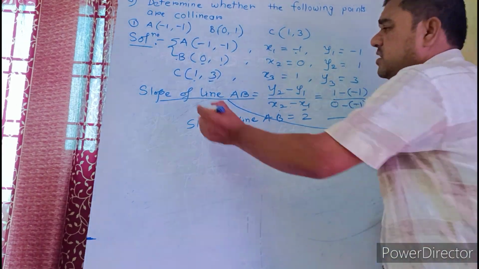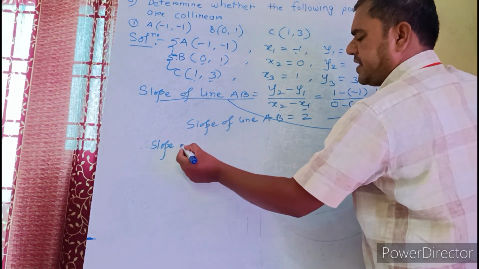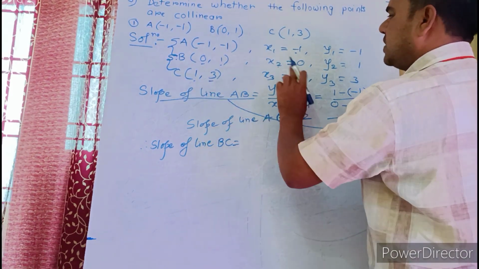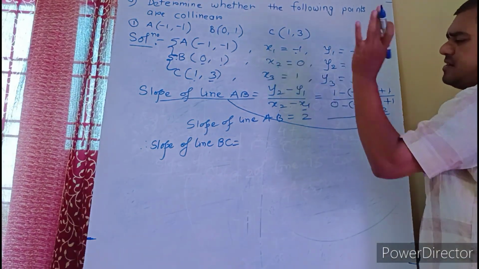Now we have to find the slope of line BC. Therefore the slope of line BC will be equal to (y3 minus y2) divided by (x3 minus x2).